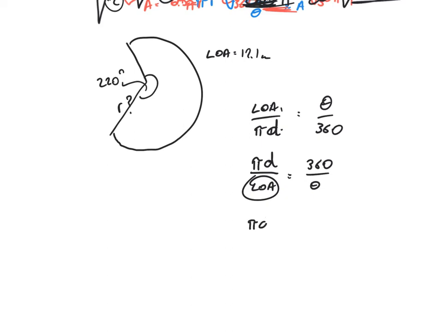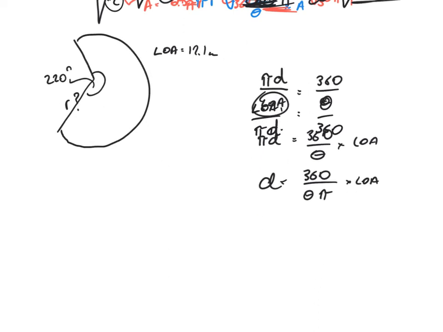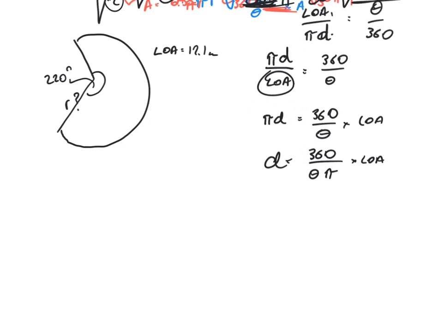So it's going to be pi d equals 360 divided by theta multiplied by the length of the arc, and then d equals, we'll bring that pi down and divide, 360 over theta pi times the length of the arc. Okay, let's get the necessary information and put it in before we enter into the calculator.